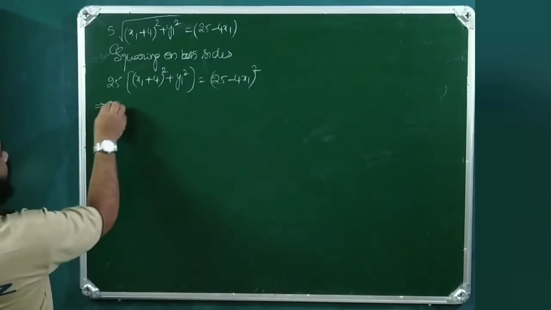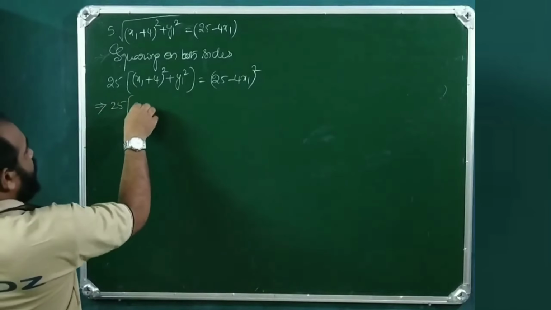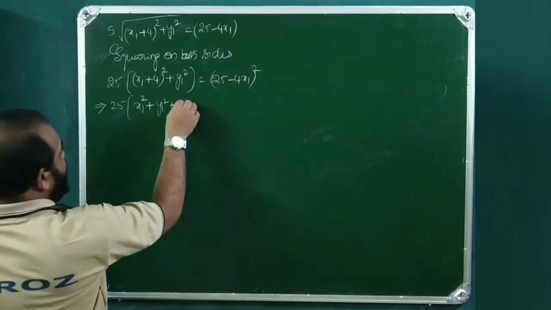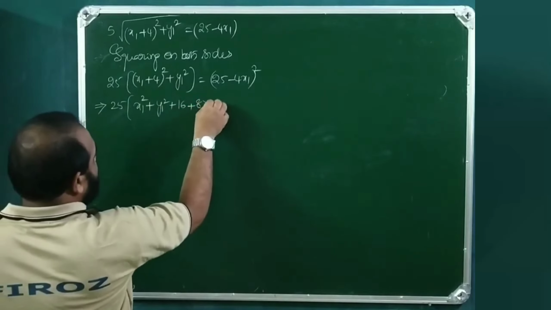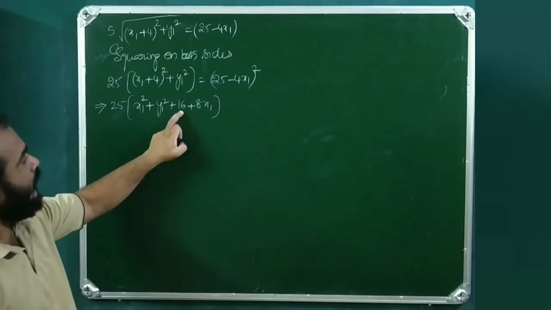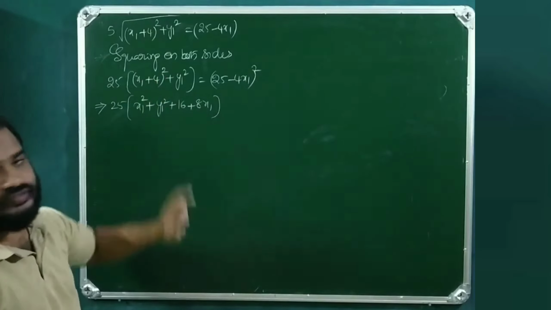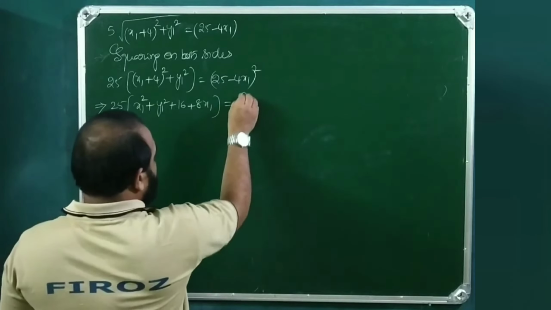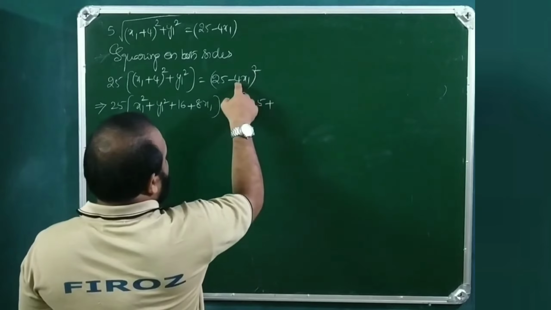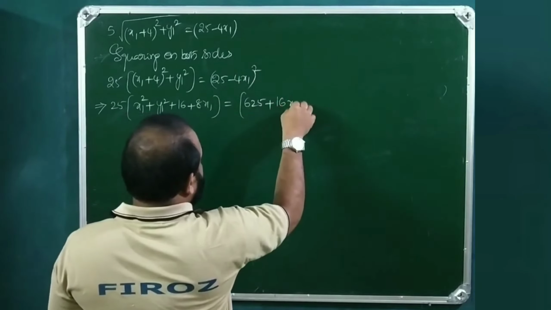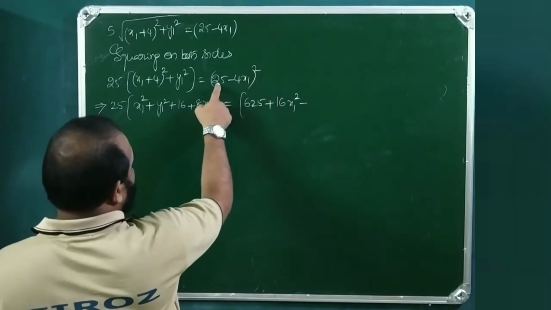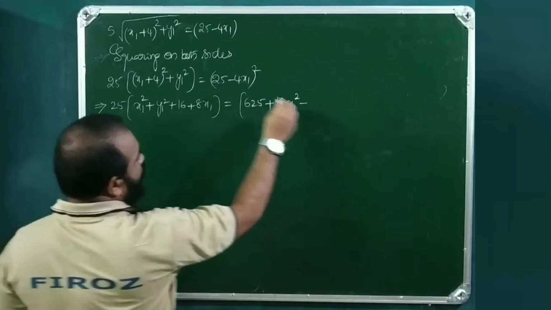This is 25 into x1 square plus y1 square plus 4 square 16 plus 2 4s are 8x1. This is (a plus b) whole square, a square plus b square plus 2ab term, is equal to 25 whole square, 625, plus 4x1 whole square, 16x1 square, minus 2 into 25, 50 into 4, 200x1.